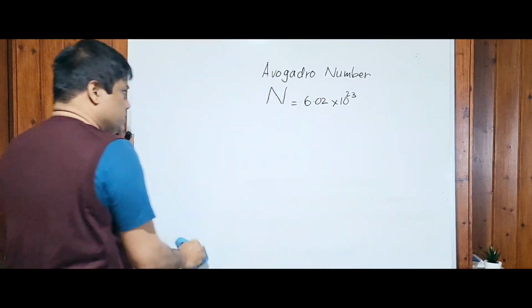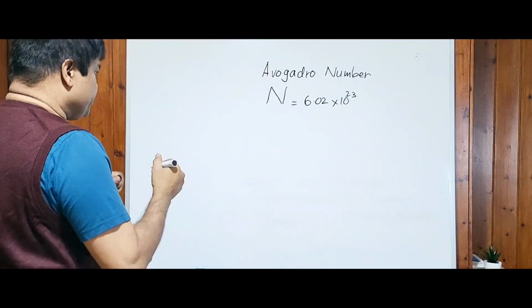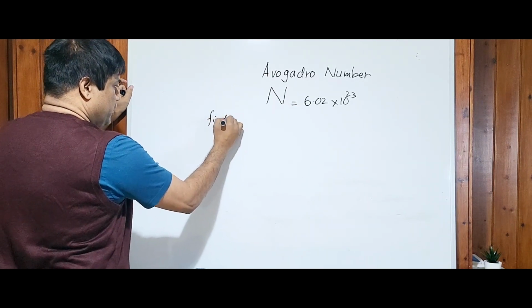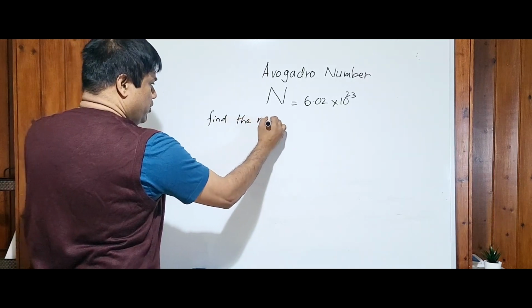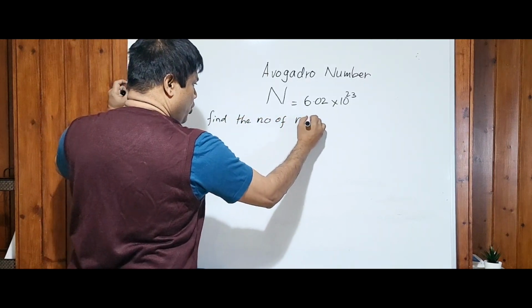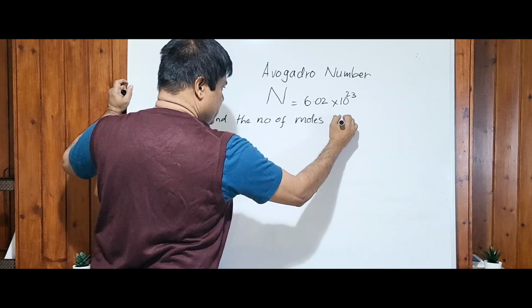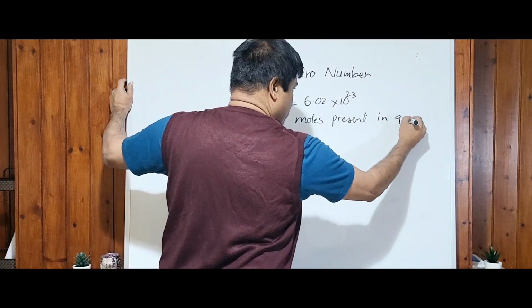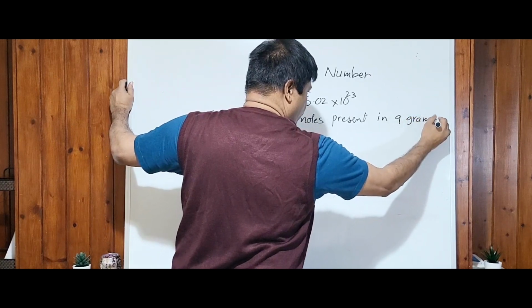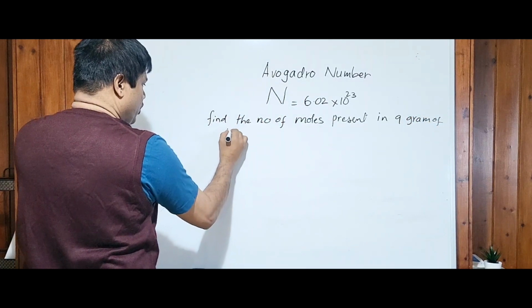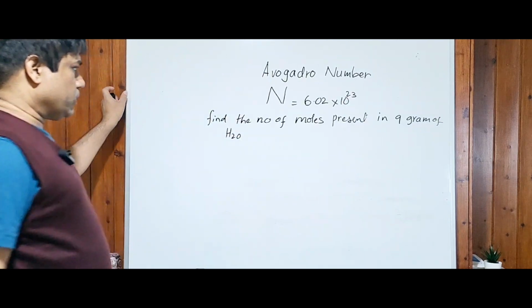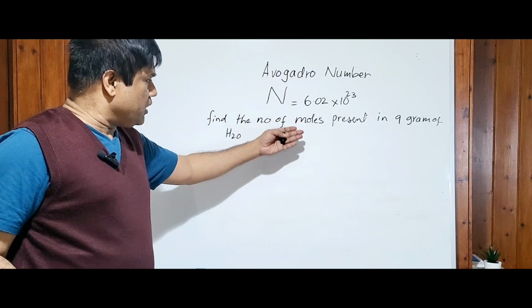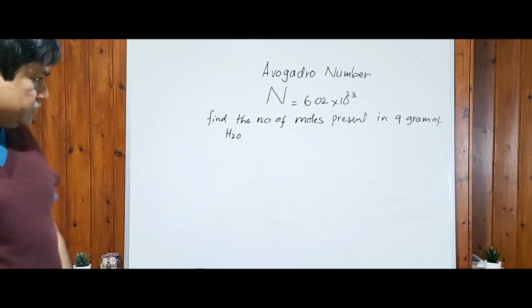Let's see some examples. Find the number of moles present in 9 gram of water molecule, H2O. You can easily figure out the number of molecules.